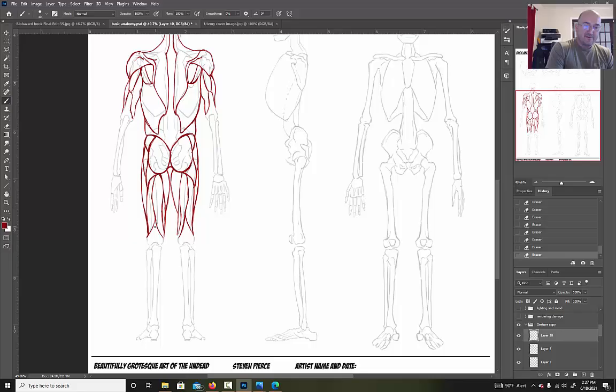Then the calf, so we're going to split this, and this again, this is tendon fascia. So the calf muscle is going to split in the middle.